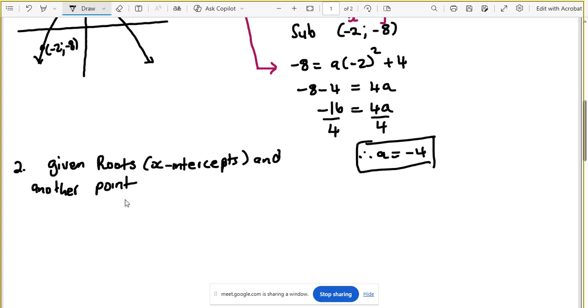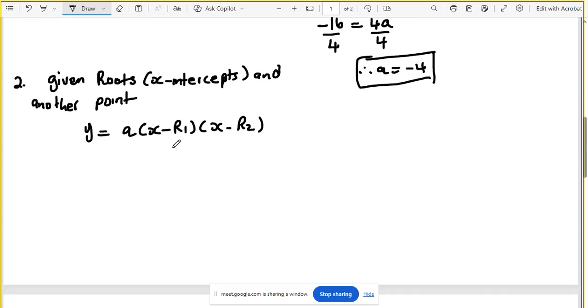So we said that if you are given the roots, to find the equation, we use y is equals to a into x minus the first root into x minus the second root. That is the equation that we're going to do. So if you are given the roots and 1 point, this is the equation that you need to use to find the equation of that graph.